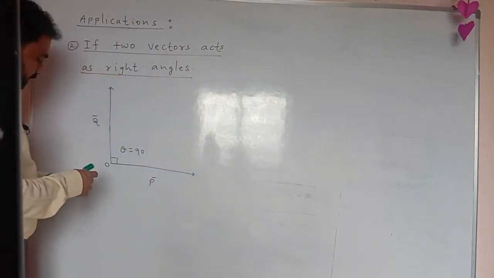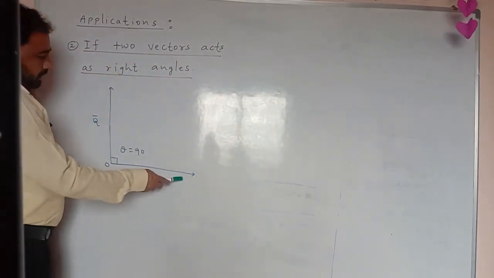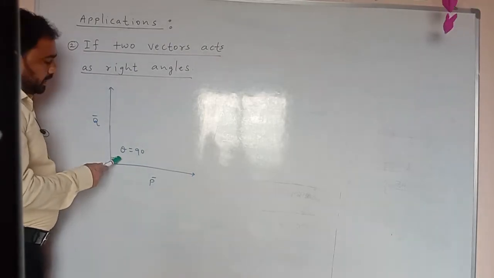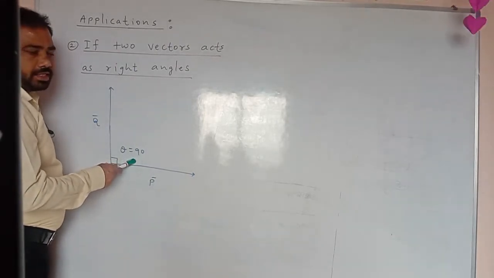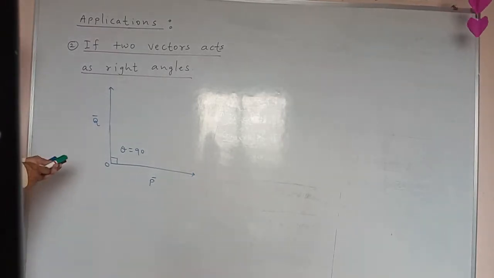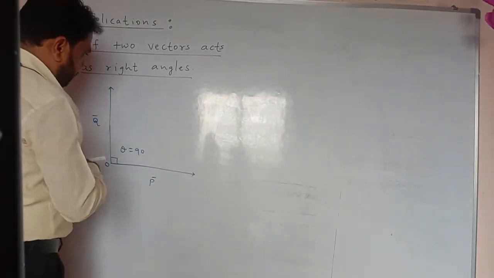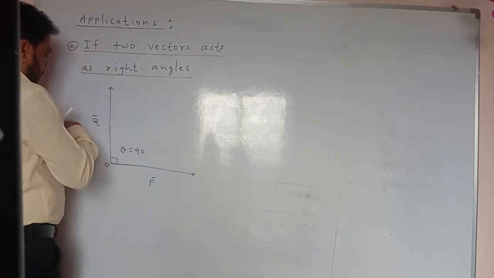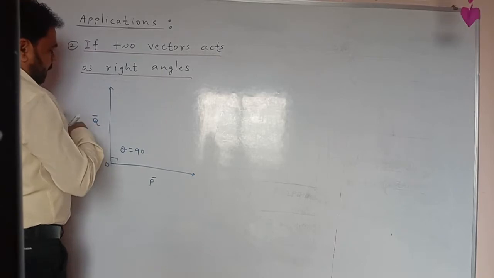Now see, in this second application, vector P and vector Q are at a right angle to each other. It means the angle of inclination between them is 90. So when theta is 90, we have to write the values from trigonometry, that is cos 90 and sin 90.